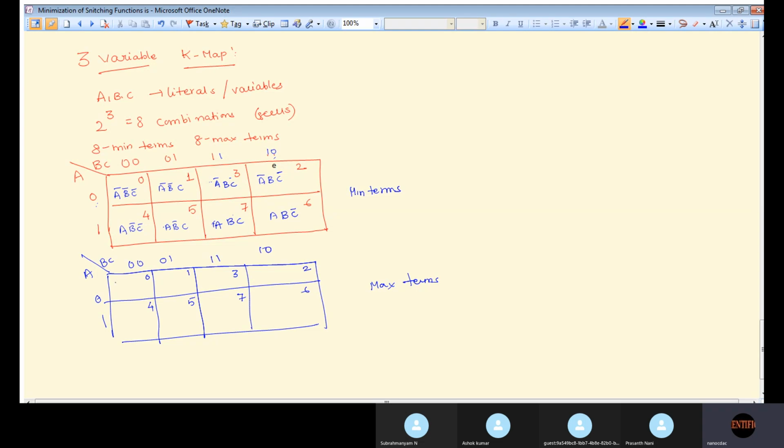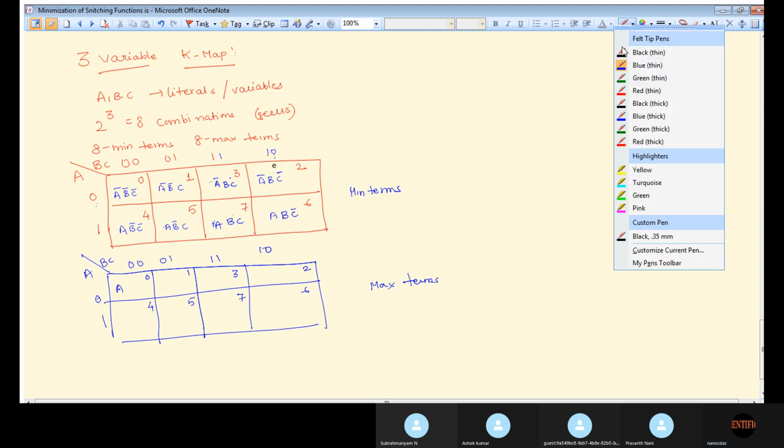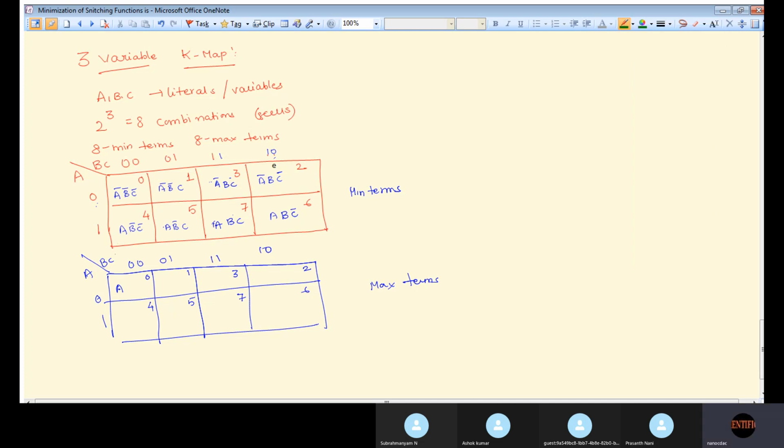Okay, and here you see, how do you write the equation? A plus B plus C. Here A plus B plus C bar and here A plus B bar plus C bar.